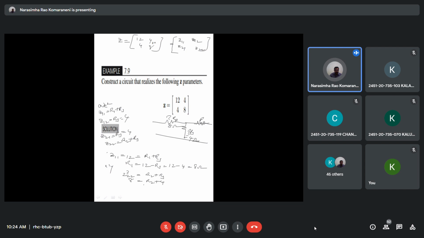What is R3 value? R3 is 4. So therefore R2 equal to 8 minus 4, that is 4 ohms. Is it okay? So construct means you have to draw the equivalent circuit for these given Z parameters.